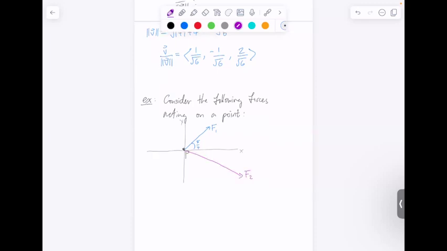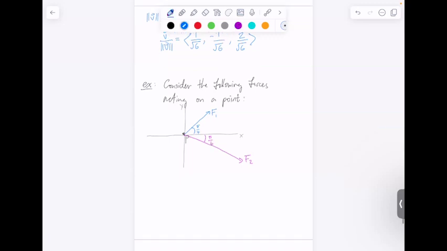And let's say F2 makes an angle of pi over 6 as drawn, okay? Let's say F1 has a magnitude of 100 newtons. F2 has a magnitude of 150 newtons.